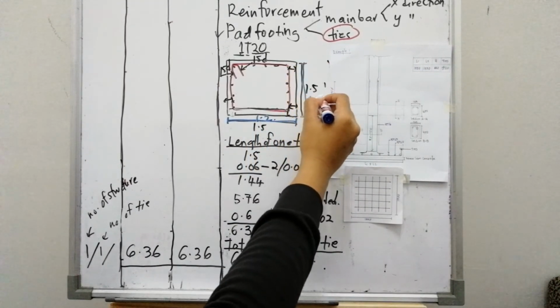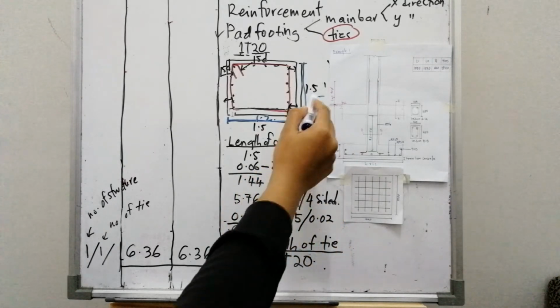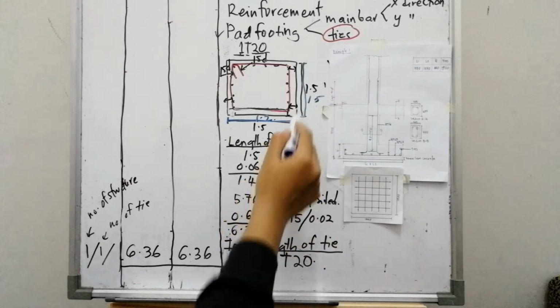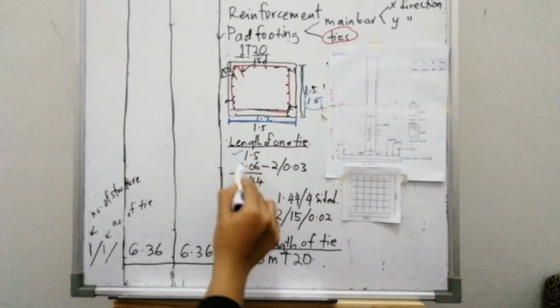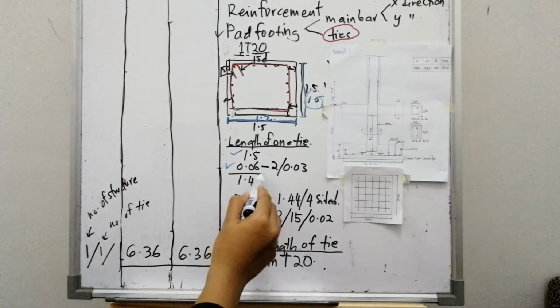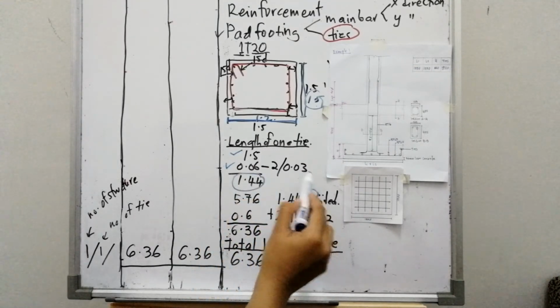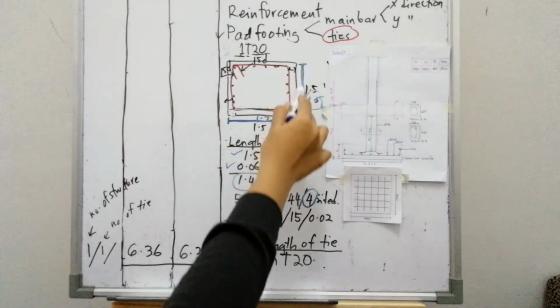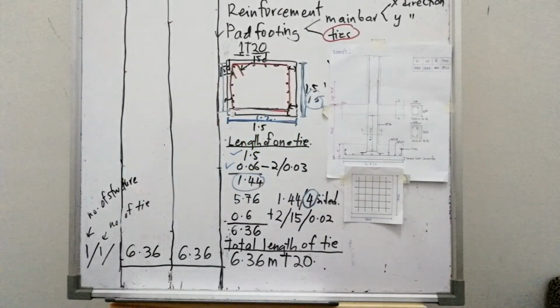You cannot just do 1.5 minus 2 covers, which is the same 1.44, and multiply with 4-sided, because there are only two sides which have the same length.